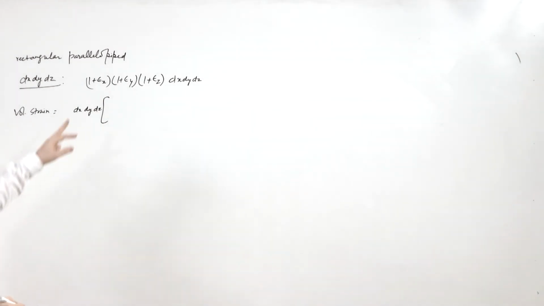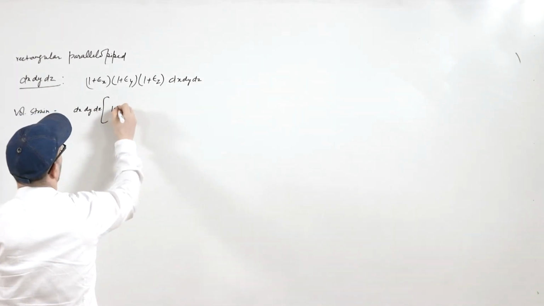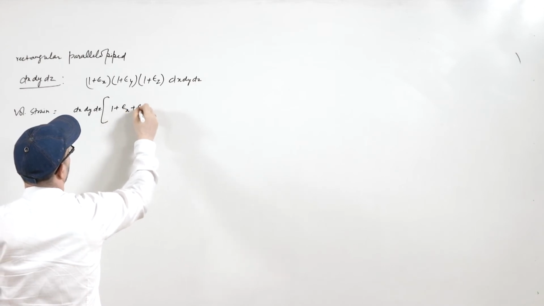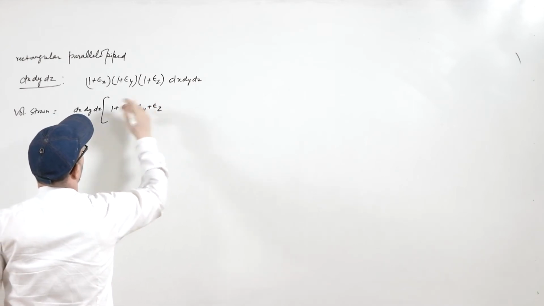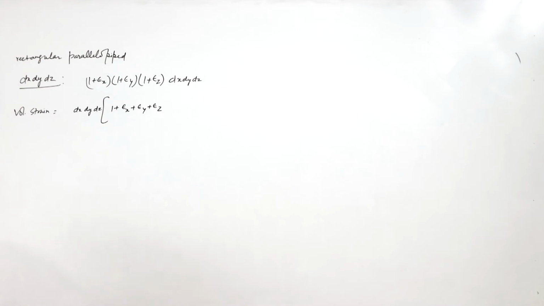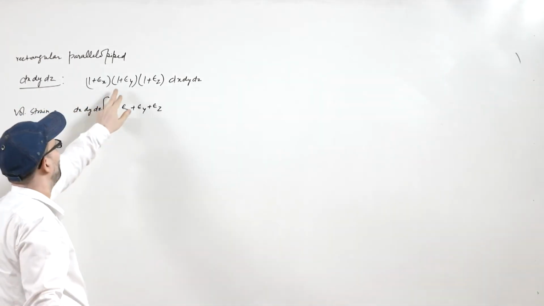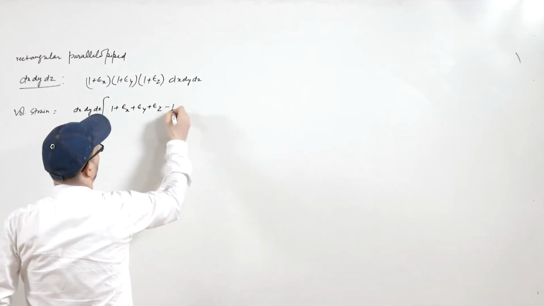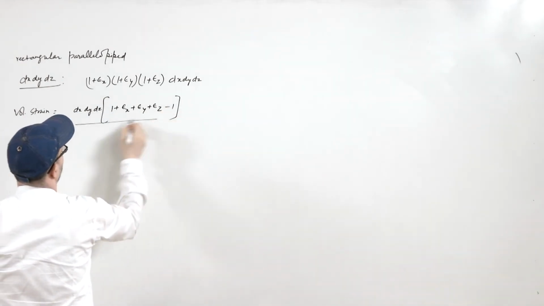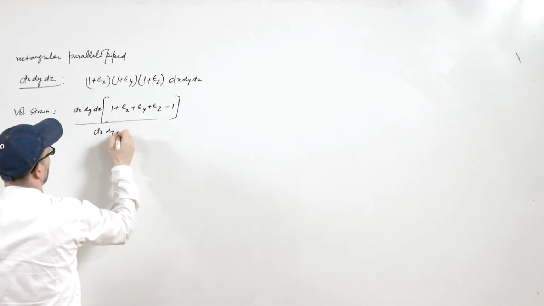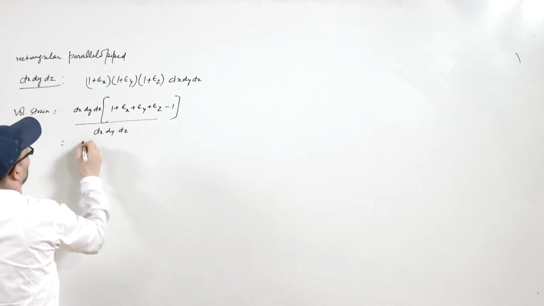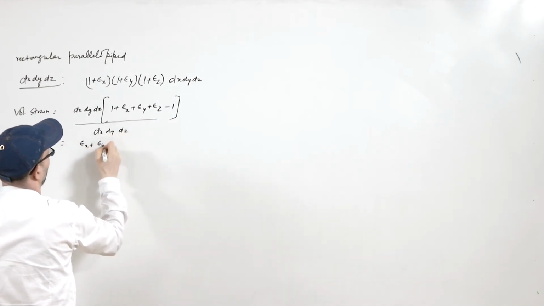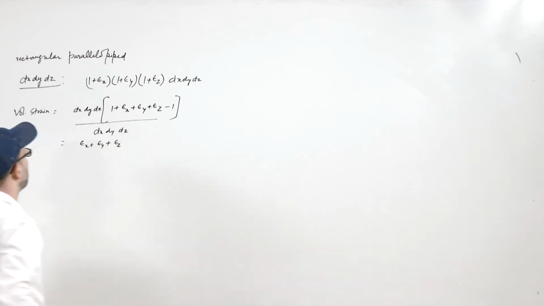It will be 1 plus epsilon x plus epsilon y plus epsilon z, and if you neglect the higher order terms like epsilon x epsilon y, assuming they are very small, then minus 1 and divided by dx dy dz, that becomes epsilon x plus epsilon y plus epsilon z. Now this is nothing but the first strain invariant.